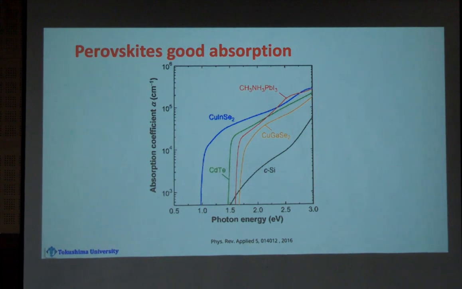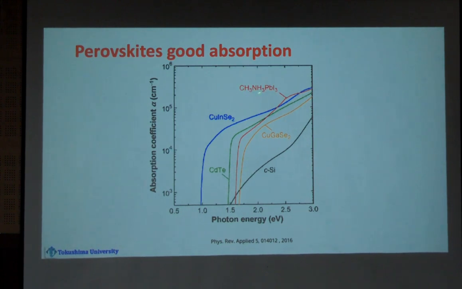It can absorb maximum energy as compared to only silicon, or some kind of composite like CdTe, CGS type of material, or CIGS type of material. So perovskite has four kinds of ternary compounds, you can say.